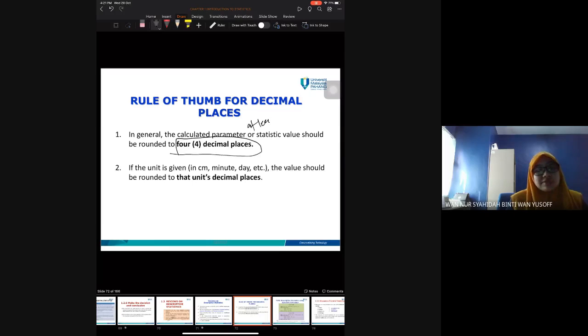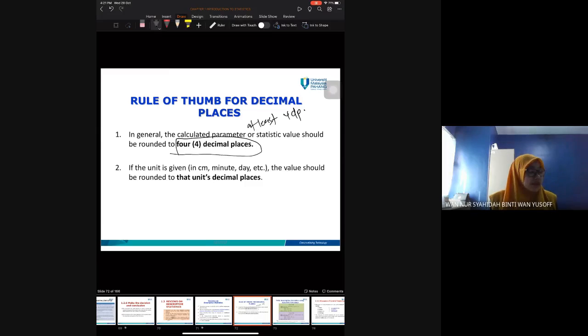But sometimes we have to use a whole number. That is okay. If your variable should be a whole number, then you can round up to the whole number. If the value can be continuous, then I need at least 4 decimal places. And also unit: if the unit is stated, then you have to give the unit of your value.